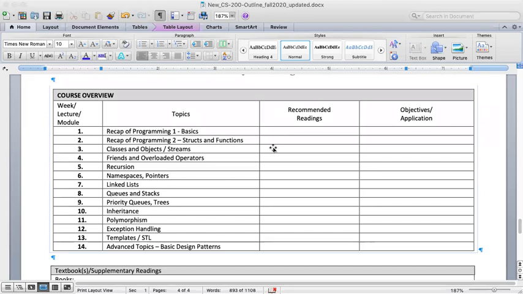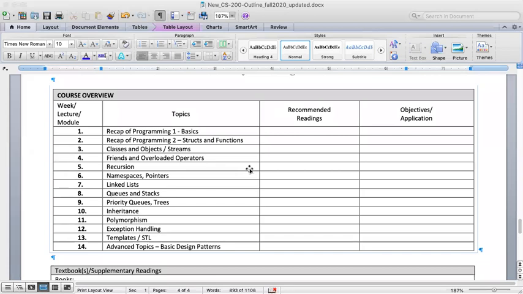अच्छा, कोर्स कंटेंट्स के point of view से we'll have the first 2 sessions, as I told you, basically be revision, and then we'll have the introduction to classes and objects, overloaded operators, recursion, linked lists.